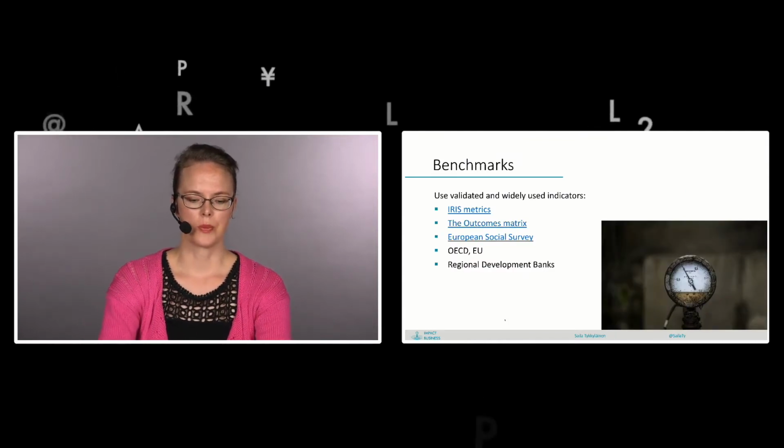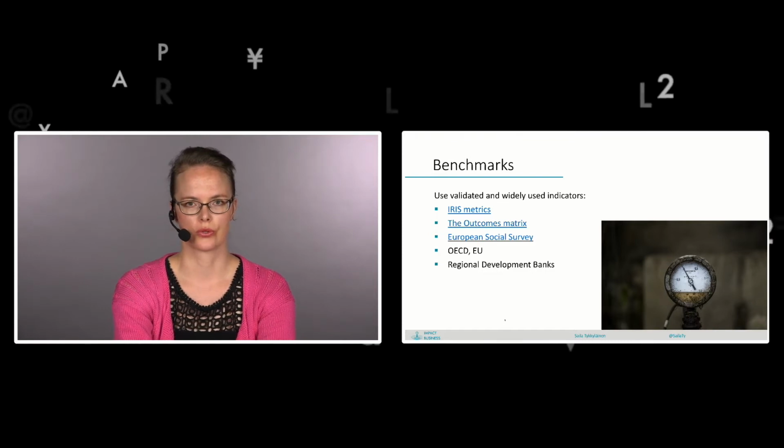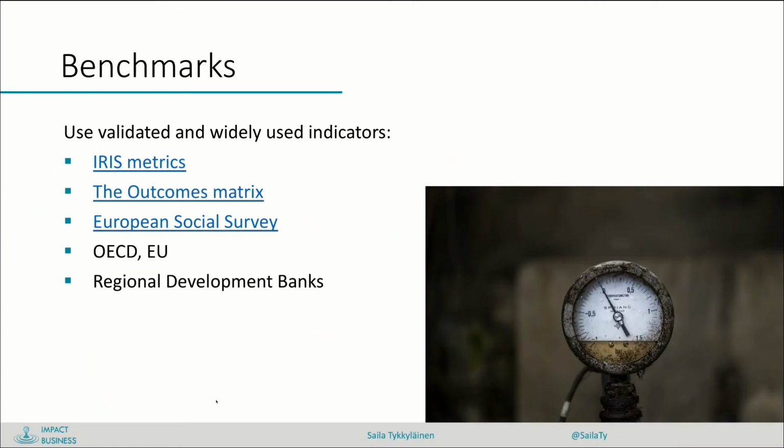And it's always, especially when it comes to those change metrics, you should use these validated and widely used indicators. Well, firstly, because they are validated and you can be sure that you are measuring the right things. And also because they might give you a reference point.